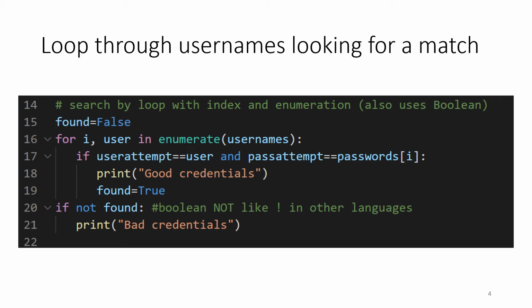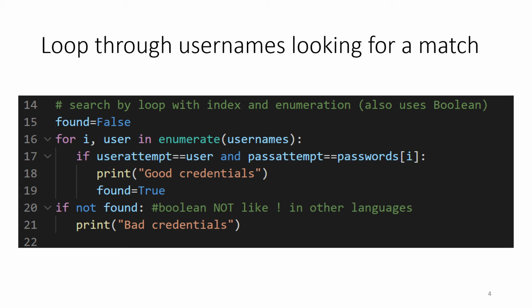And then we are testing the corresponding password. So the pass attempt is what the user entered, and passwords[i] is the corresponding password. If the username and password both match, then we print out that we have good credentials, and we set the found variable to true.